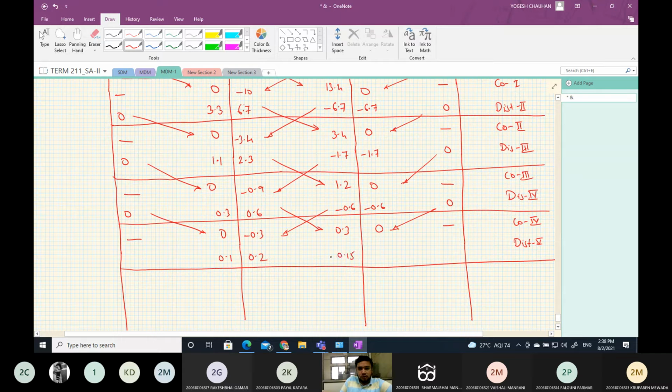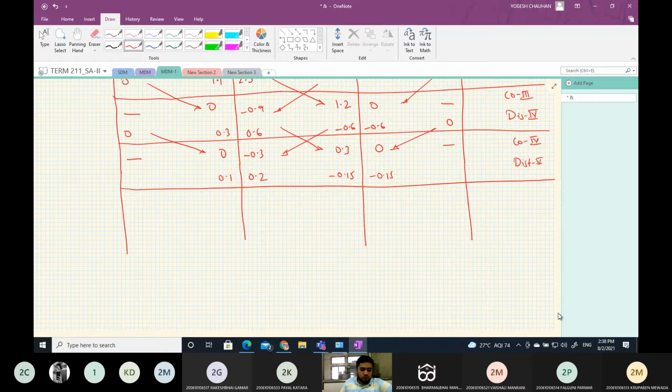This will be 0.15, minus 0.15. Now the difference is 0.1, so we can stop here.